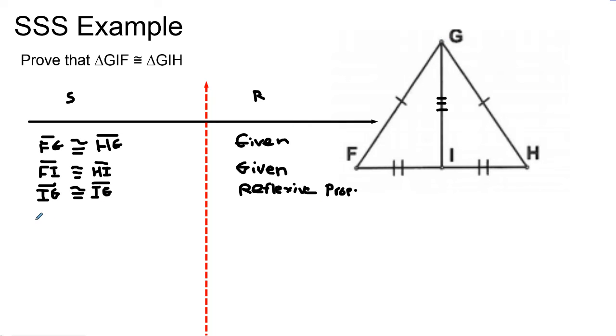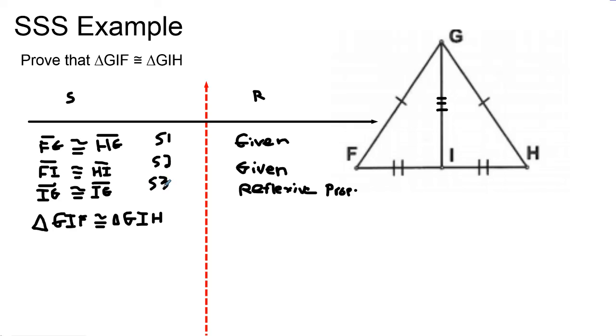Now, if I look back at my flow chart from a couple slides back, I can look at this and say that the original request was to prove that triangle GIF is congruent to triangle GIH. Usually when it tells you to prove something, when you finally accomplish the three things, I have side pair one here, side pair two here, and side pair three here.